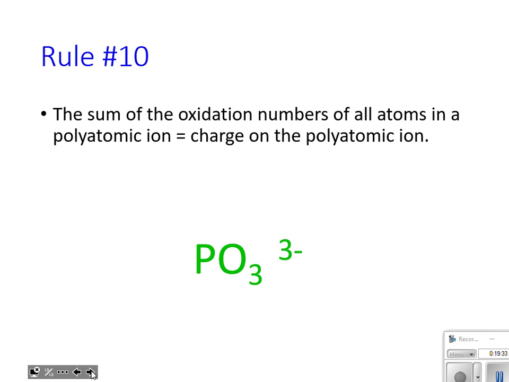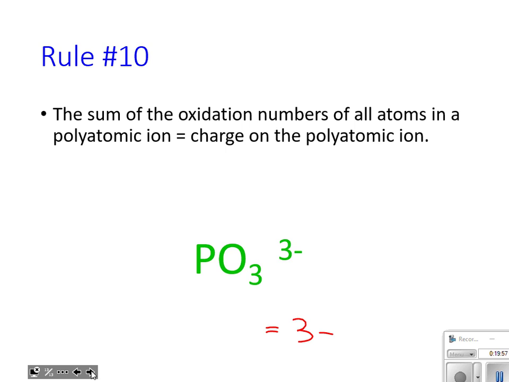Now, what does that mean? Well, we've been setting everything down here at the bottom equal to 0. If we have a polyatomic ion, we have to set it equal to the charge of that ion. So in this instance, I'm going to set this equal to -3 because I know that this is a -3 charge.